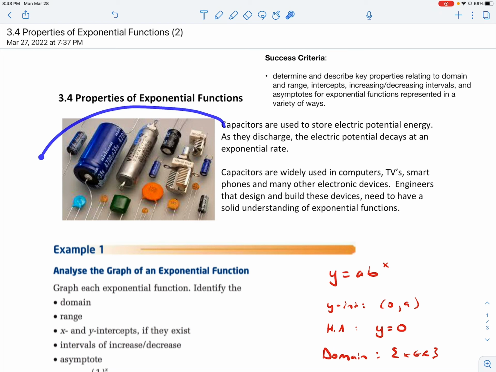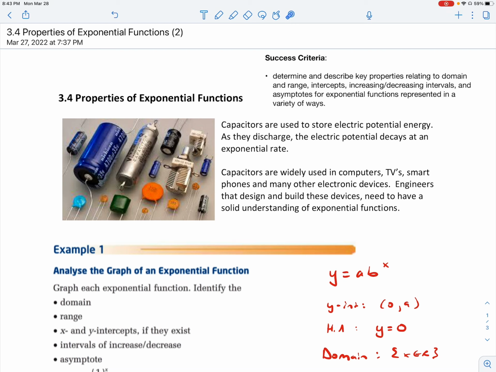I kind of relate these to those big buckets that you'll see in water parks, those splash pads, where the buckets fill up with water, and when the water reaches a certain point, they tip and everything spills out. So basically, what do capacitors have to do with exponential functions? Well, it has to do with when they discharge.